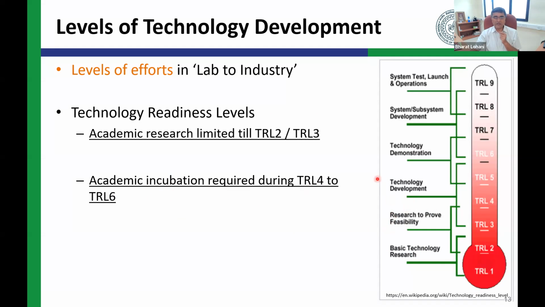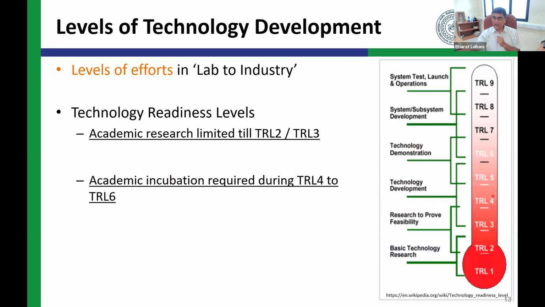This can be done within the incubation environment in academia, like students taking an idea and developing a prototype. So the technology development based on the research and the demonstration of the prototype can be done within that academic incubation environment.